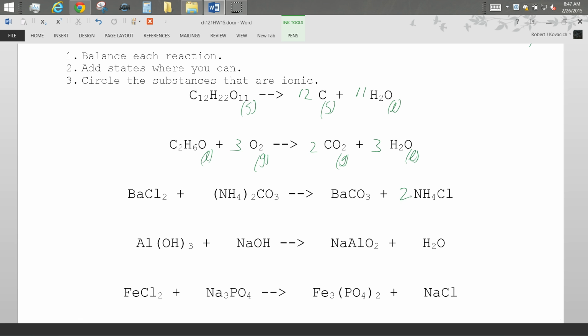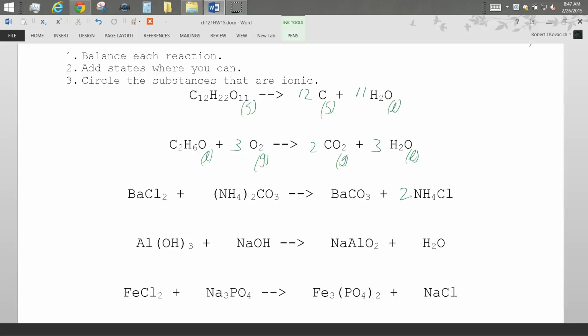So sometimes when you do these problems and you're trying to balance stuff out, you don't need to balance it down to the atom. If you try to balance out a polyatomic ion, it could be faster for you. So how many ammonium ions do I have on the left? 2. So instead of balancing the hydrogens and the nitrogens individually, go ahead and balance out the ammonium over there. So I throw a 2 in front of the ammonium chloride. That balanced the ammoniums.